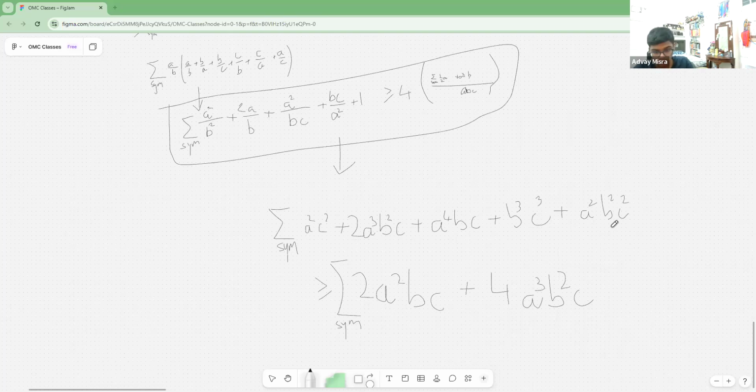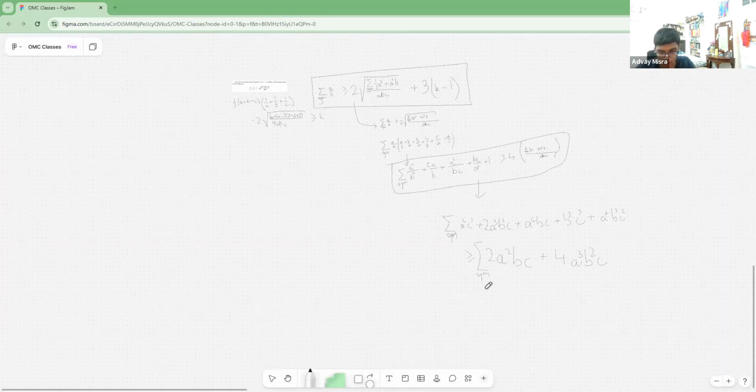Okay, so now we get this inequality to look at.